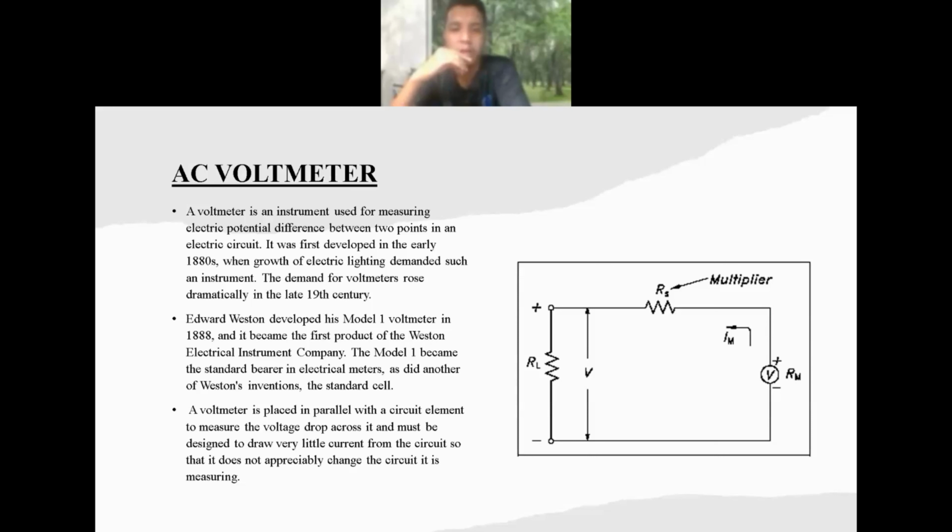Edward Weston developed his Model 1 voltmeter in 1880, and it became the first product of the Weston Electrical Instrument Company. The Model 1 became the standard variant in electrical meters, as did another of Weston's inventions, the standard cell. A voltmeter is placed in parallel with a circuit element to measure the voltage drop across it and must be designed to draw very little current from the circuit so that it does not appreciably change the circuit it is measuring.